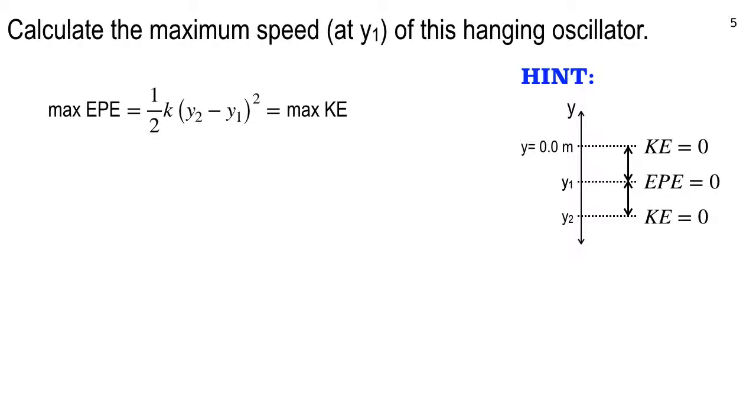So that's y2 minus y1, quantity squared, right? You can calculate that out. And then that's equal to the maximum kinetic energy. Because remember, whatever is maximum at the extreme, that's the potential energy, disappears at the equilibrium, and then it's all kinetic. So you just go straight equality.